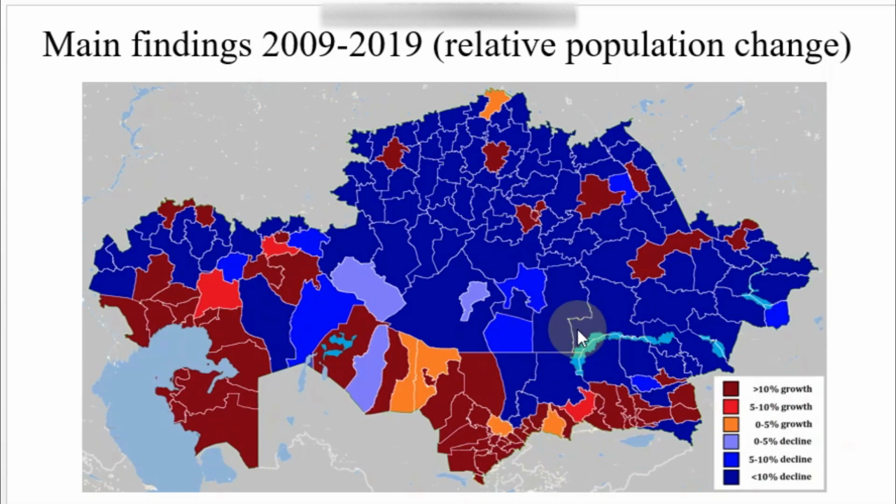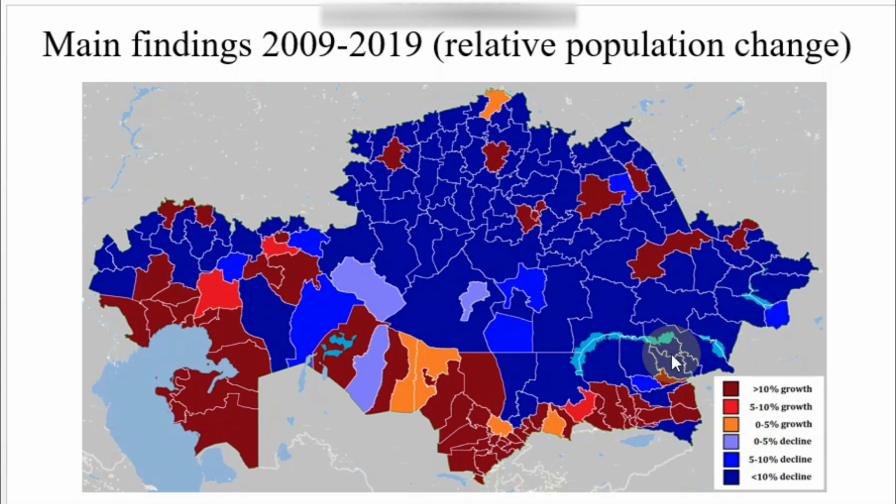This is the relative case of population growth measured in percentage terms. So an interesting thing here is that there's very stark difference between decline and population growth. We can see very few cases of moderate population scenarios here.